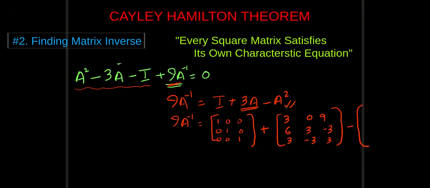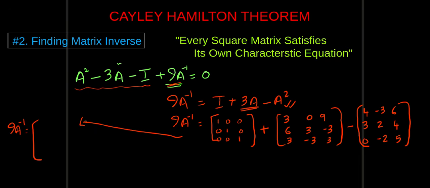You can check that answer, or you can just rewind the video. Anyway, A square is 4 minus 3 6, 3 2 4, and 0 minus 2 5. So that gives me 9A inverse is equal to, let's calculate.